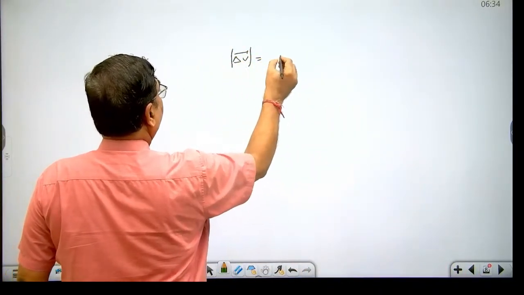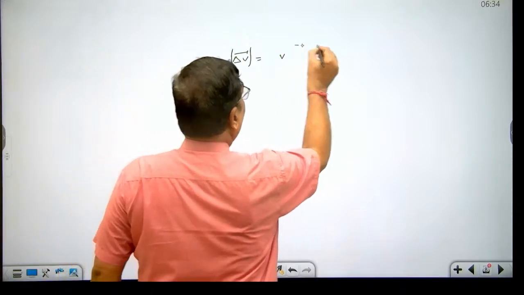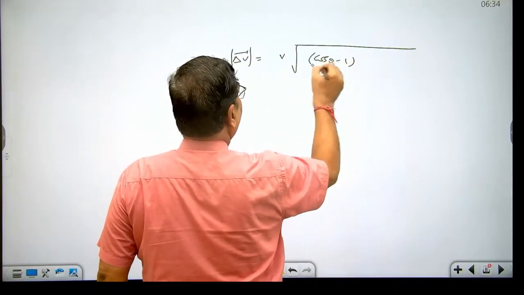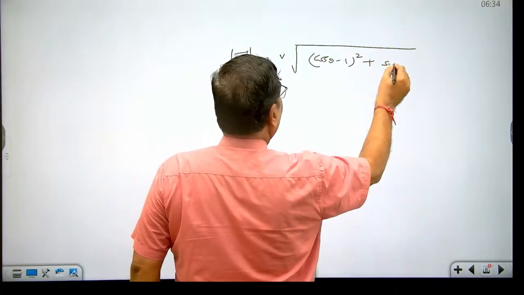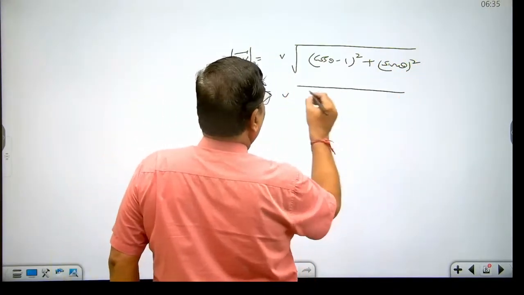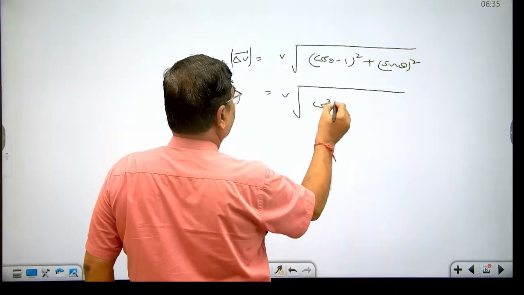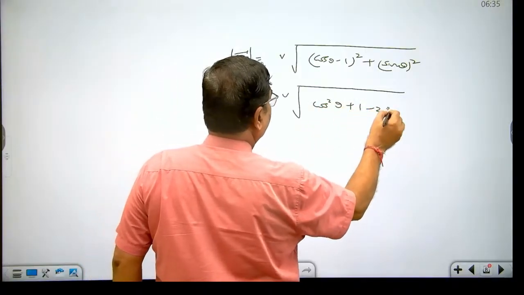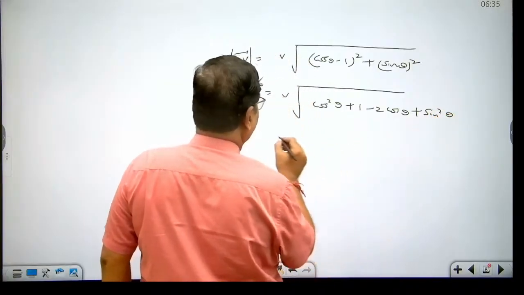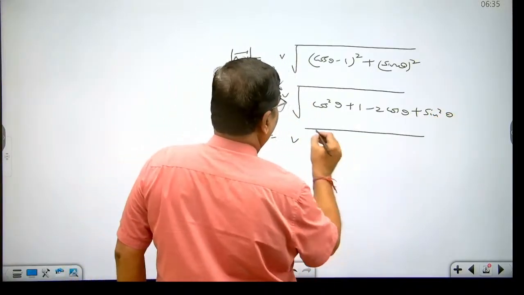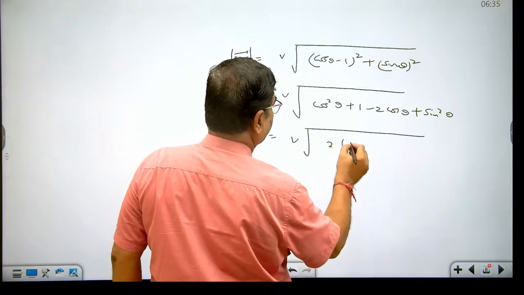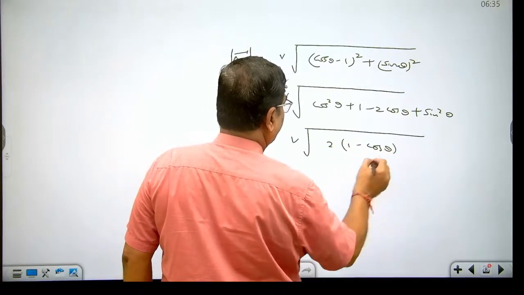magnitude equal to how much? V under root, cos theta minus 1 whole square plus sin theta whole square. This will give us cos square theta plus 1 minus 2 cos theta plus sin square theta. After solving this, you will get cos square theta plus sin square theta is 1, 1 plus 1 is 2, 2 minus 2 cos theta. So 2 times 1 minus cos theta.